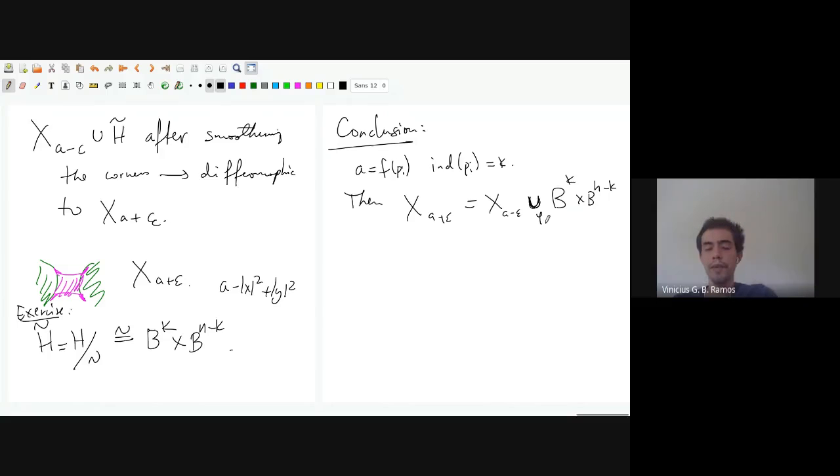So what do you identify? This phi is the identification, and you identify just part of the boundary of Bk times Bn minus k. So if this is your Bk times Bn minus k, you don't identify the whole boundary, you identify a piece of the boundary. This piece right here. And this piece, you can think of it as phi being an embedding from Sk times Bn minus k into the boundary of X a minus epsilon. So this is an embedding. So that's the identification. That's the gluing map.